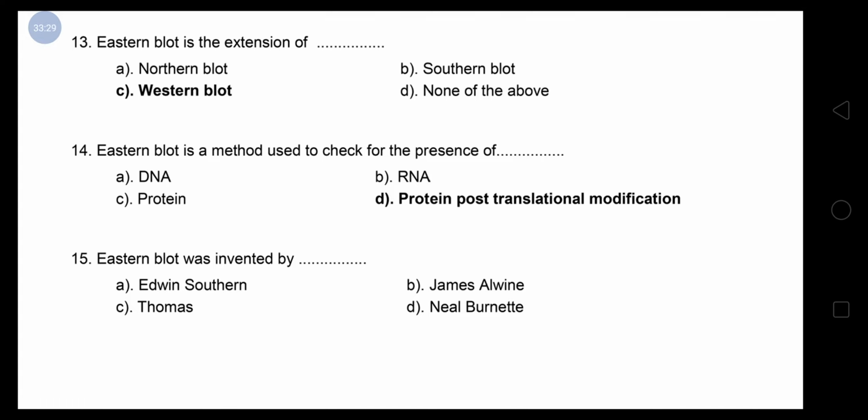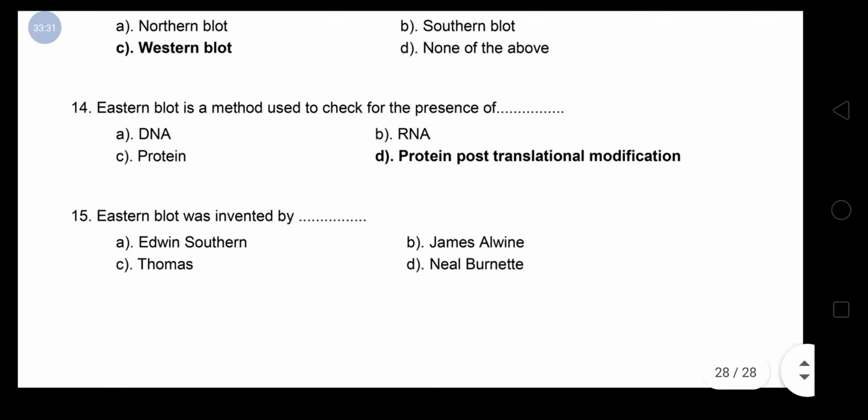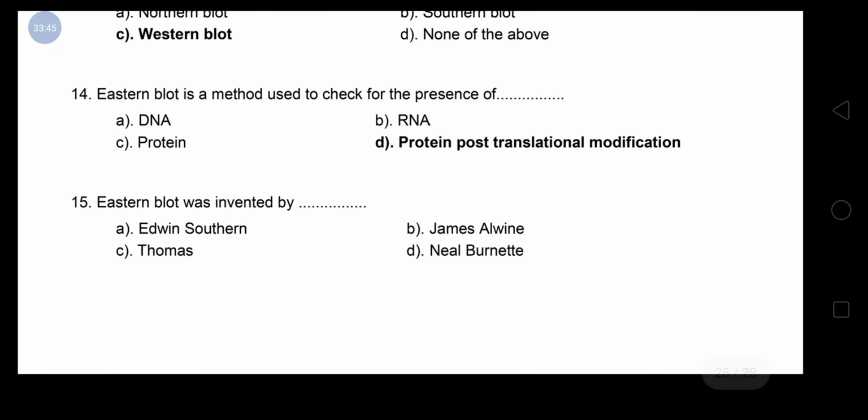Eastern blot is a method used to check for the presence of protein post-translational modification. Remember, Western blot is for the detection of presence of specific protein, whereas Eastern blot is for protein post-translational modification. Eastern blot was invented by Neil Burnett.